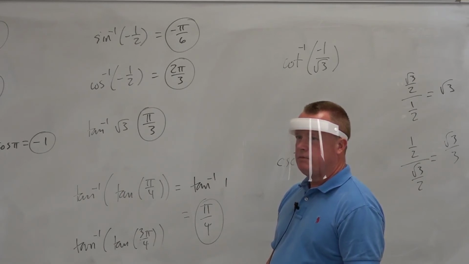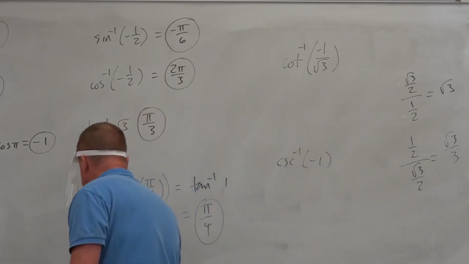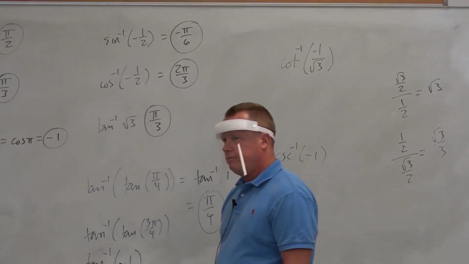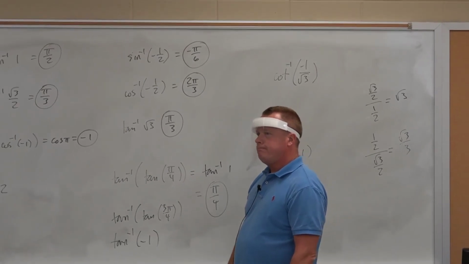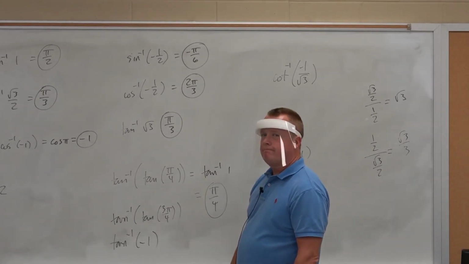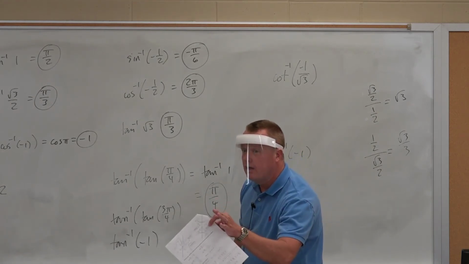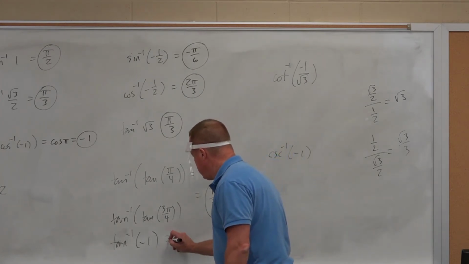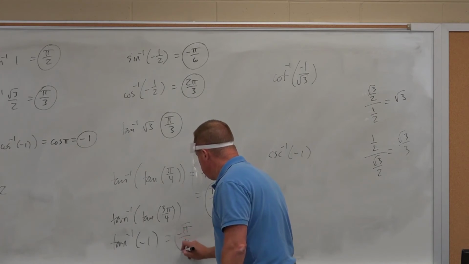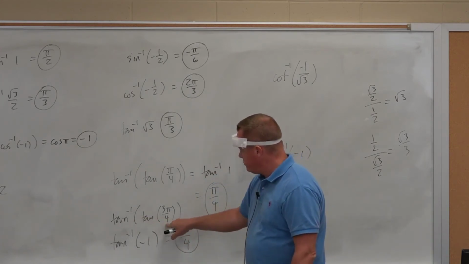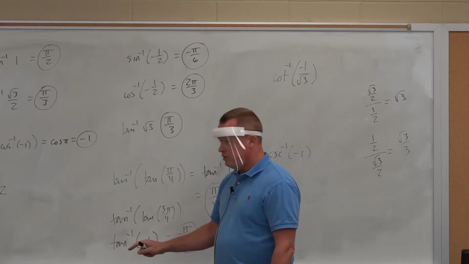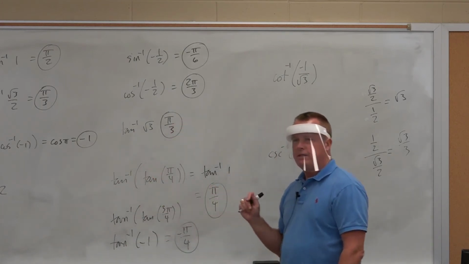Is that negative 1? So inverse tangent of negative 1. What is it? Negative pi over 4. So you can't always say, well, these are just inverses, so this would have to be 3 pi over 4. It's not. It's negative pi over 4, because the inverse tangent is defined in quadrants 1 and 4. Any questions about that?